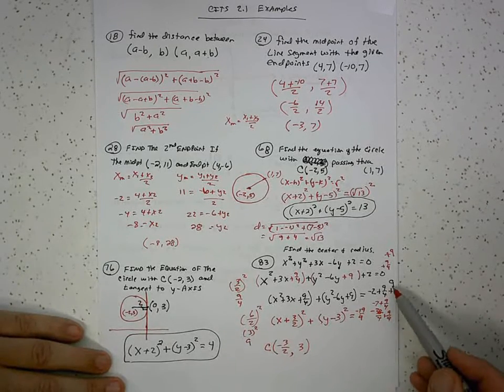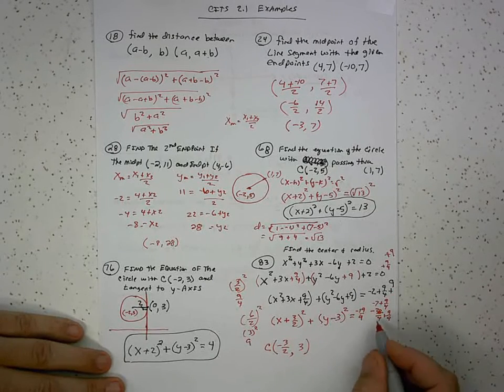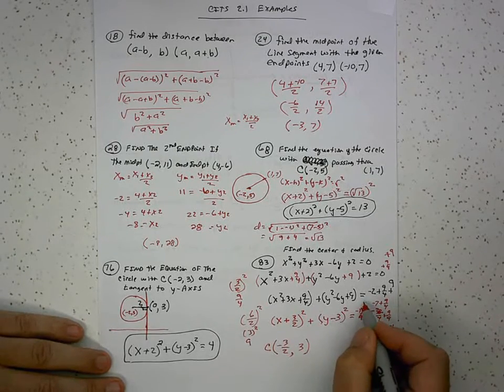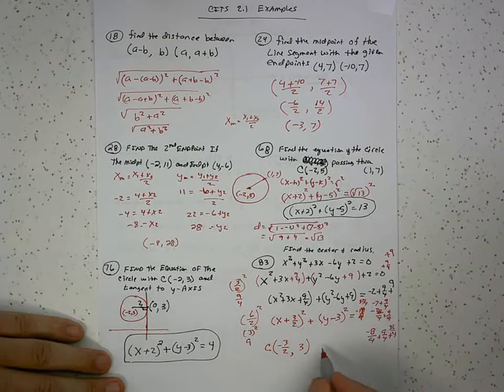My radius, let me double check these again. 9, let's see, negative 2, I've got negative 8/4 plus 9/4 plus 36/4. So that'd be 30, oh, it should be 37/4. So that's going to be equal to 37/4.